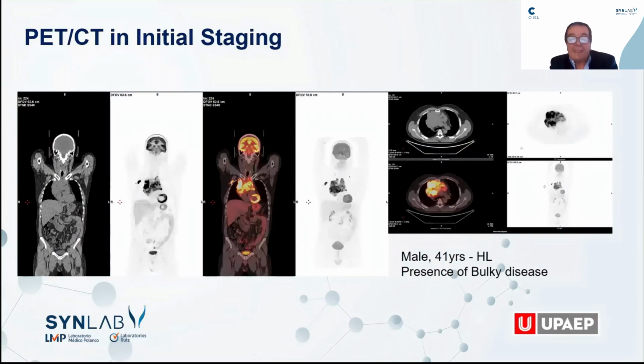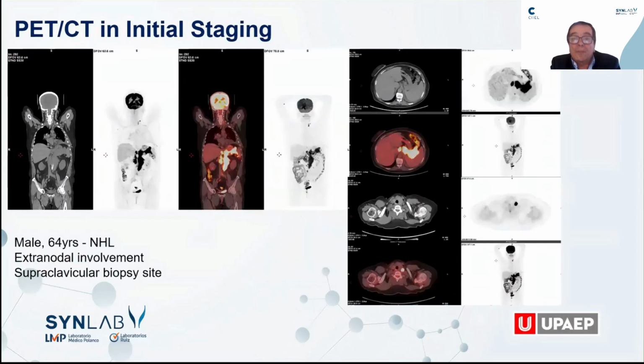While in this slide, we see a PET-CT scan of a 21-year-old male patient with Hodgkin lymphoma with the presence of bulky disease. It is the dark image that you can see in the center of the thorax. There is also involvement of supradiaphragmatic nodes, like right axillary and left supraclavicular nodes.